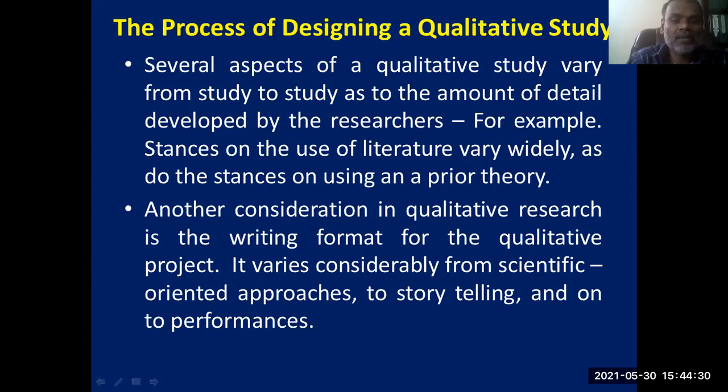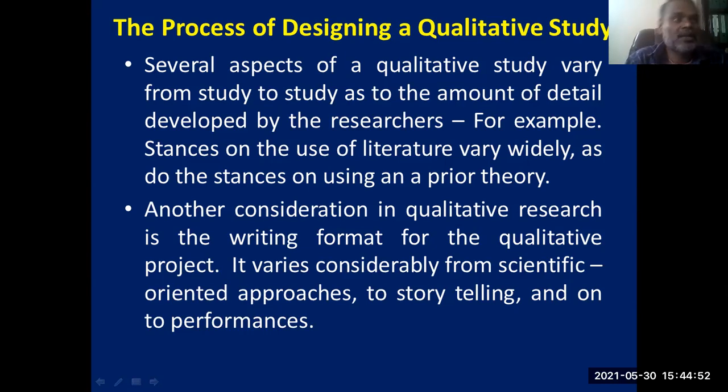For example, the use of literature review varies widely as to the stance on using prior theory. If you are doing action research, I may want to go with the literature review first. But somebody can say you can start with the theory.